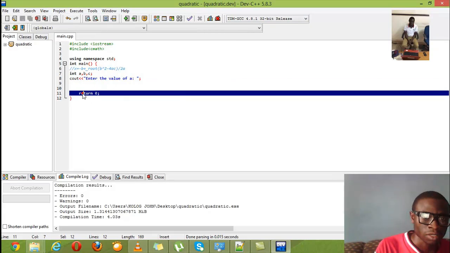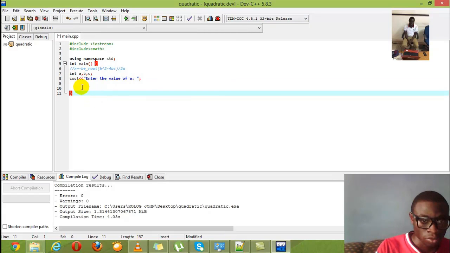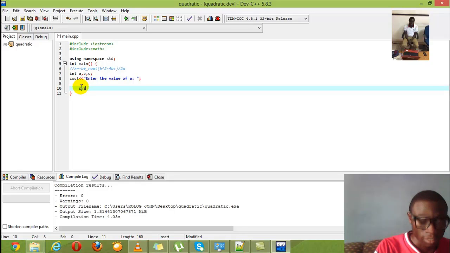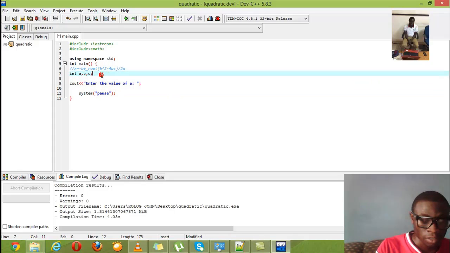And I don't also like return 0. What I like to use is system, brackets, pause, save it there. We can print out a statement here.